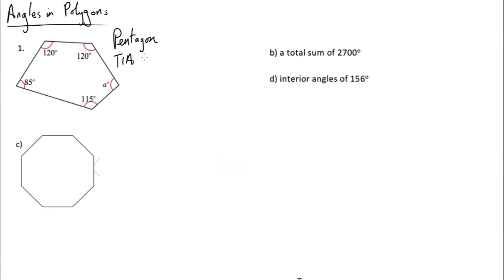So let's use our formula, which is n minus 2 times 180. The n is the number of sides, that's 5. So we do 5 minus 2 times 180. 5 minus 2 is 3. So we do 3 times 180, which is 540.